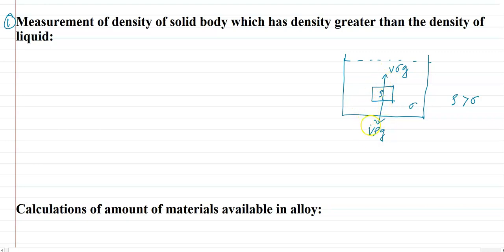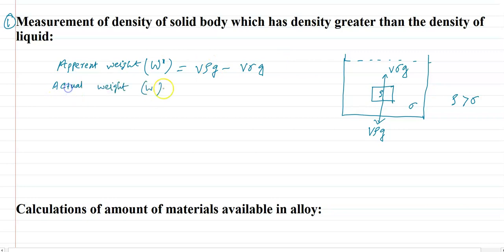So the apparent weight, W dash, will be V rho g minus V sigma g.